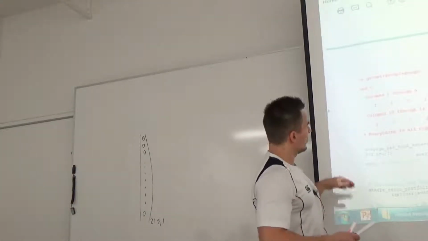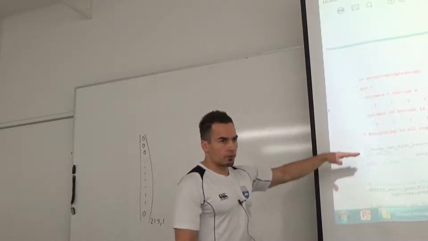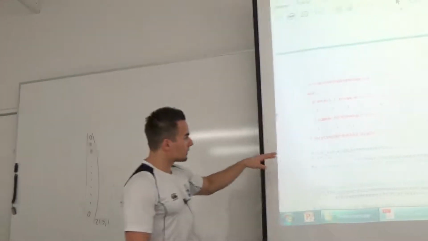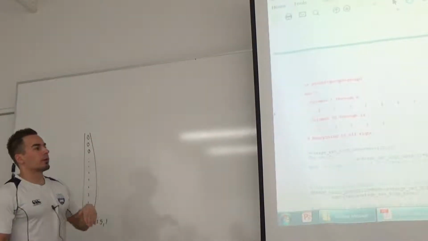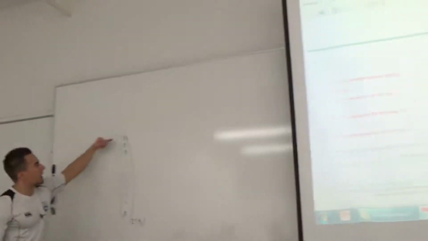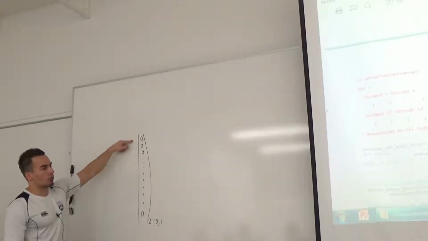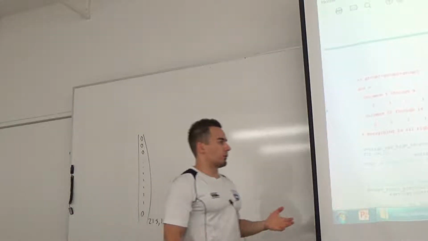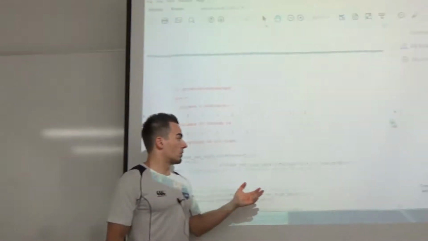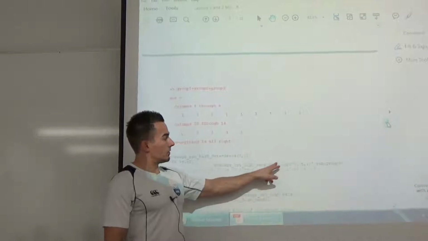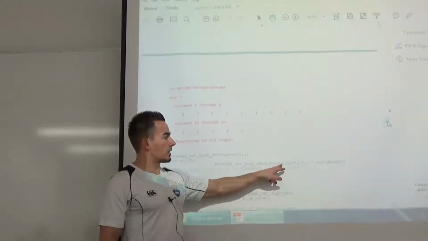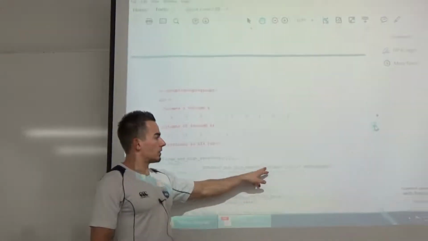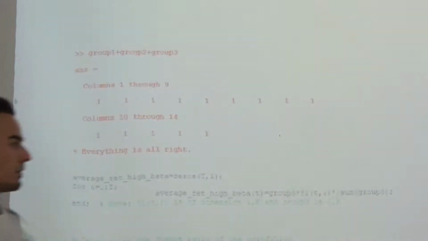So what happens here next? So next we again operate with a for loop. And now we want to store the average return for each point in time, starting at t is equal to 1, for those high beta stock portfolio. So what do we have to do? So group 3 is a 1 by n vector. So this is 1 by 14.